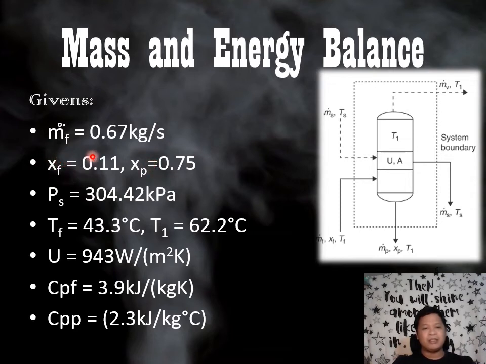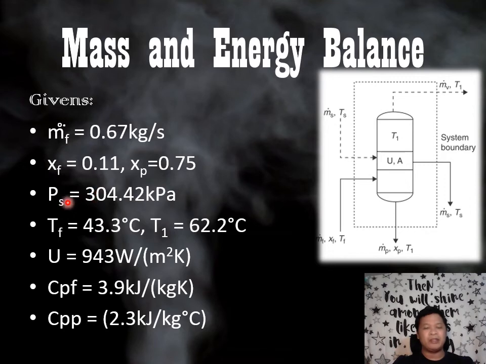This will be used as your tie component, solids, and then you have the steam pressure. So you will use the steam pressure to derive the steam's temperature and therefore get the values ng enthalpy of saturated vapor and saturated liquid from your steam table.